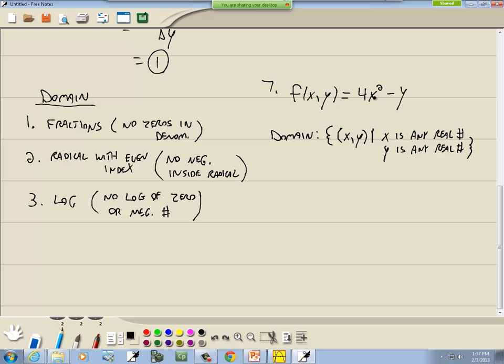I could put 0 in for x, and I could put negative 5 in here, and we'd get 0 minus a negative 5, which gives us 0 plus 5, or 5. Now I could put 10 in here for the y, and I could put 0 here, and we get a negative value. So it appears like for our range, our z value can be anything. There are different ways you can write that. Since I'm being lazy, I'll just say negative infinity to positive infinity.